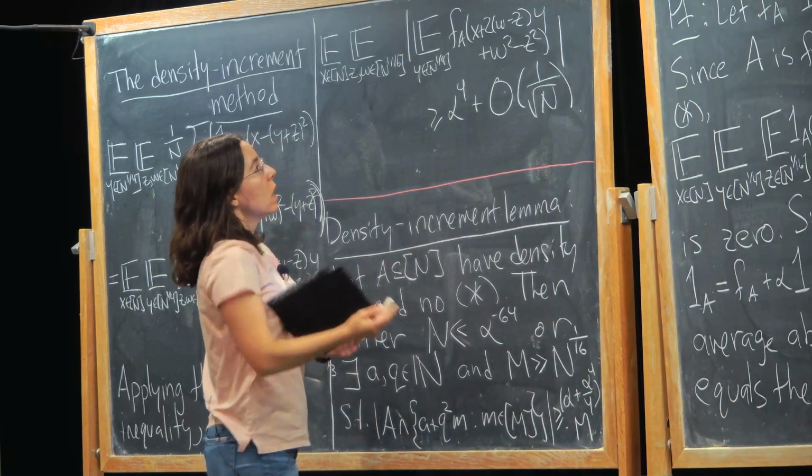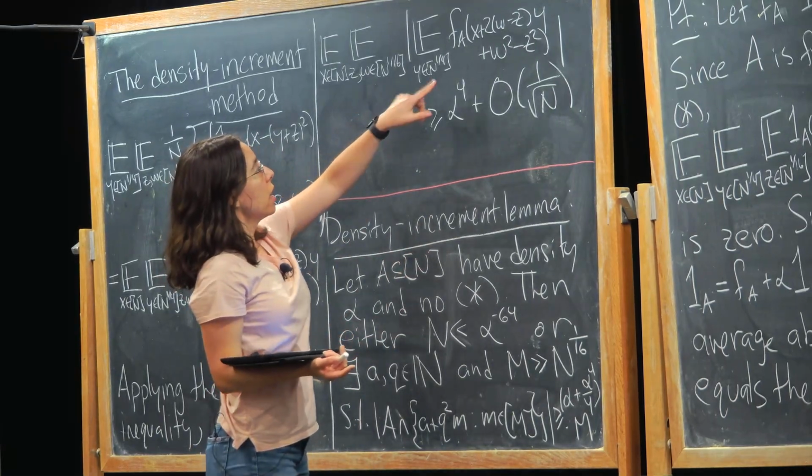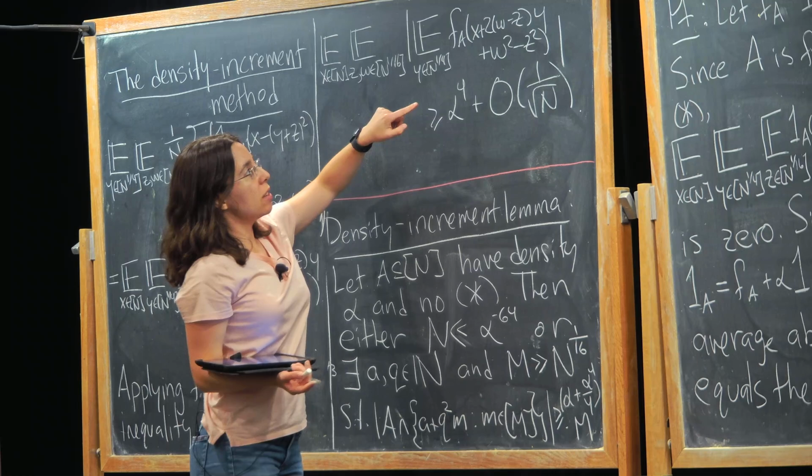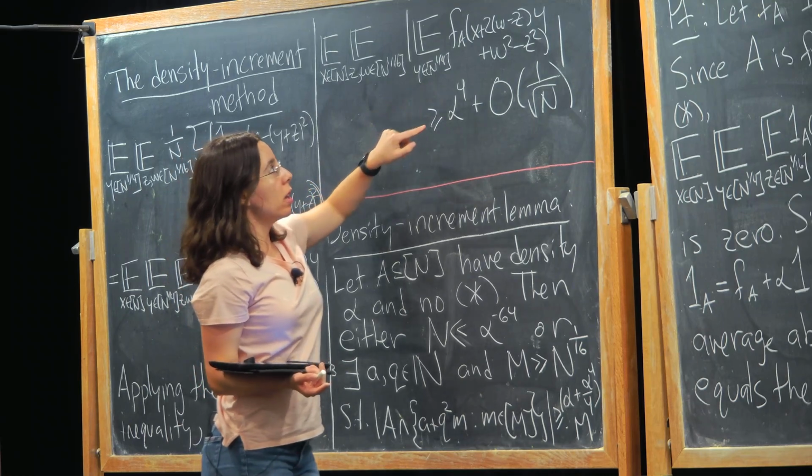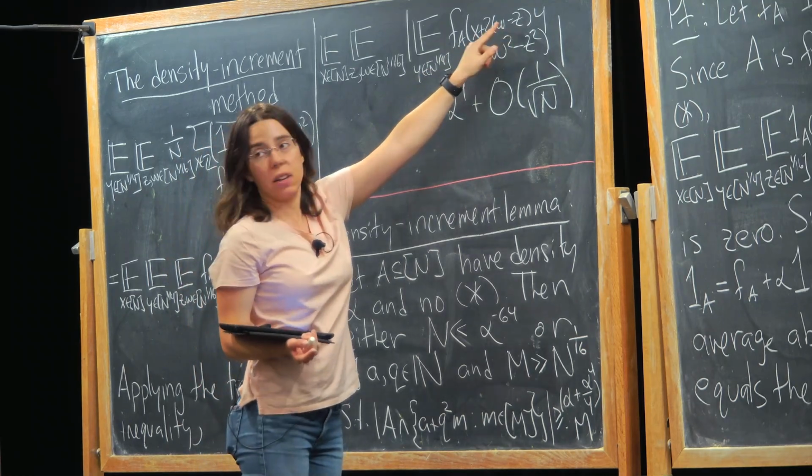The thing to note now is that this interior average is the average over an arithmetic progression with common difference 2 times (w minus z).